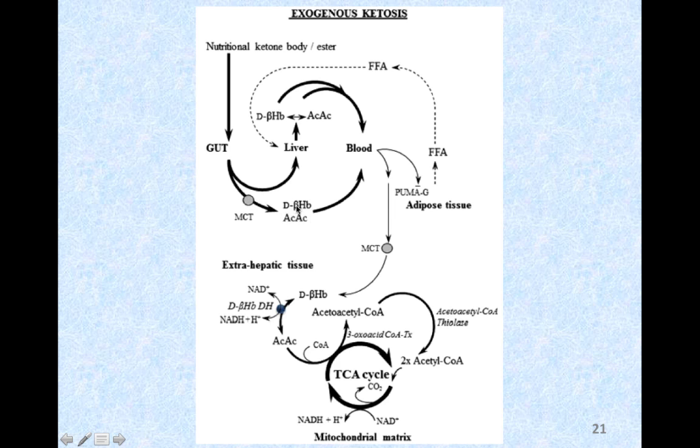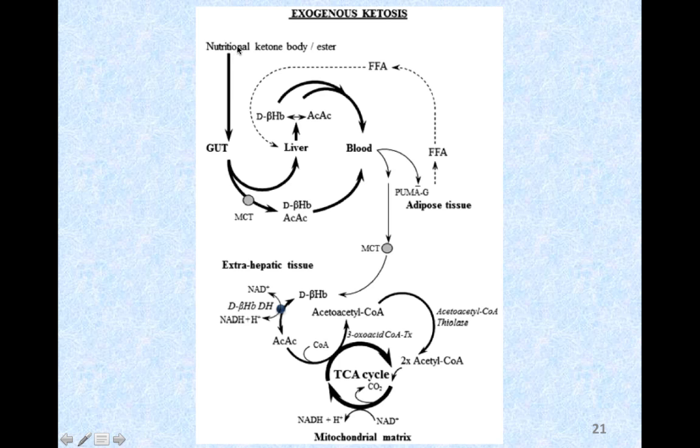So here's beta hydroxybutyrate acetoacetate that have come from the diet directly. They go into the blood, and then once they're in the blood, they can again enter into extrahepatic tissues, and this part of it's the same. Through the monocarboxylate transporters into tissues, provide acetyl-CoA molecules for Krebs cycle, right? And remember, this could be brain, this could be skeletal muscle.